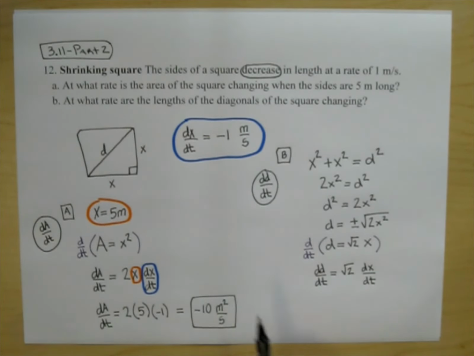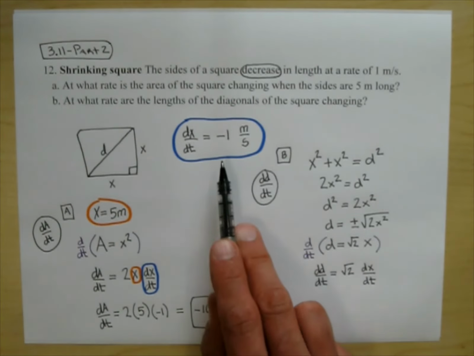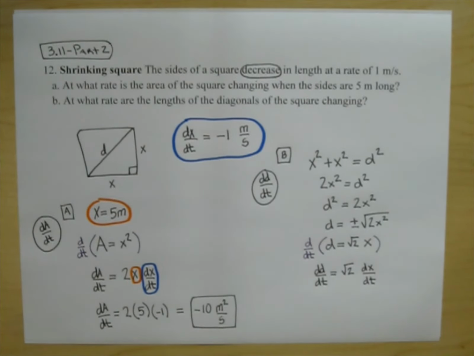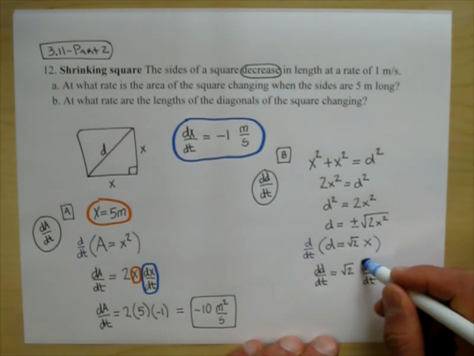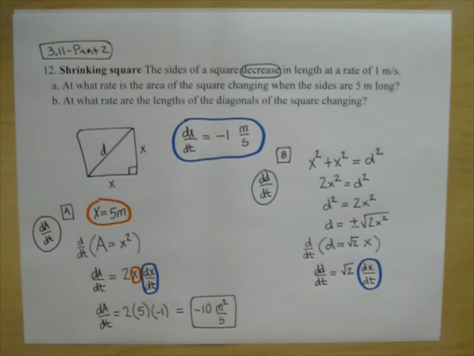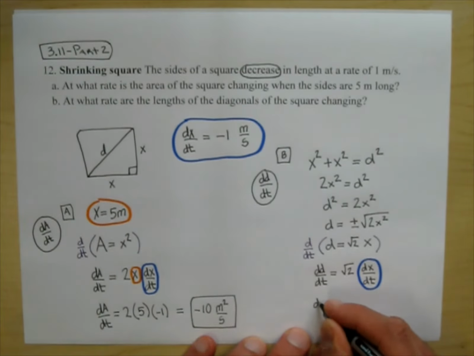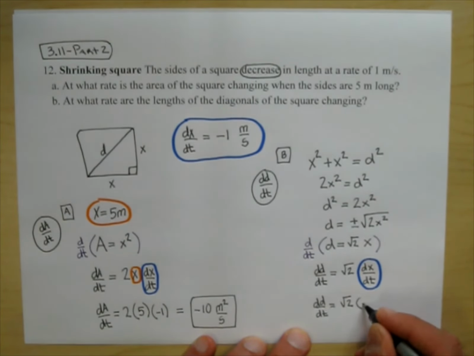Okay, so this is my goal right here, dD/dt. There it is right there. And I know what dx/dt is. That was given. I'll circle that in blue. So it looks like dD/dt equals root 2 times negative 1.